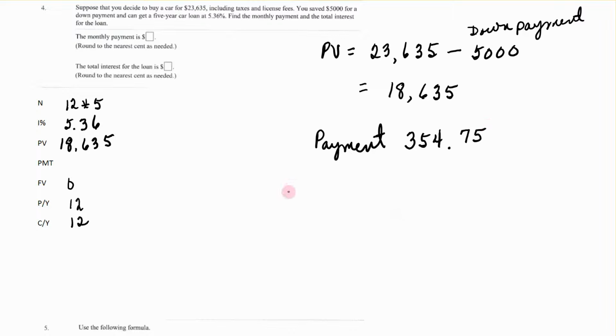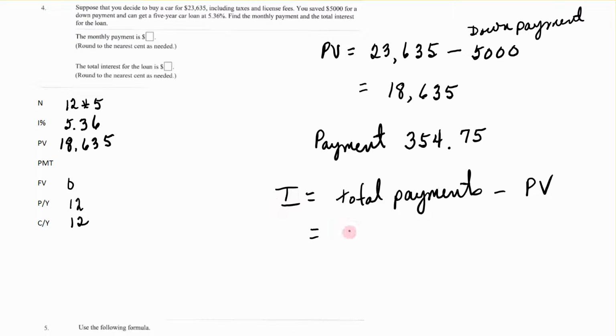Remember, just try to use your common sense. It is the difference between how much you paid and what you actually borrowed. So your total payments minus your present value, which is what you borrowed. The difference between those is what you paid in interest.